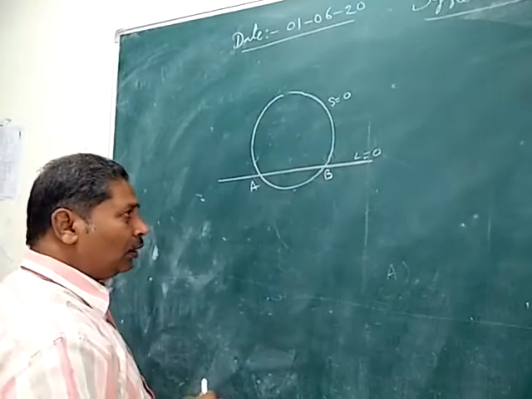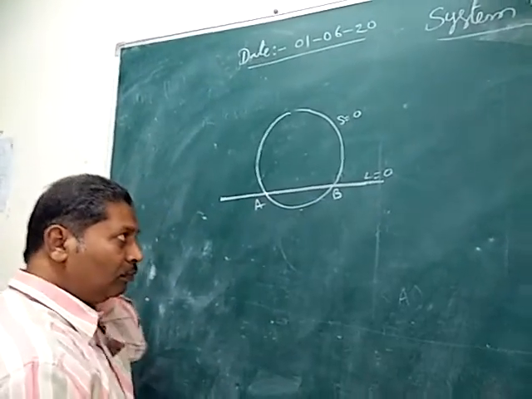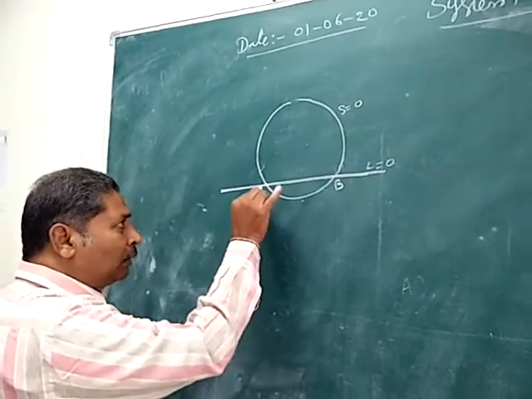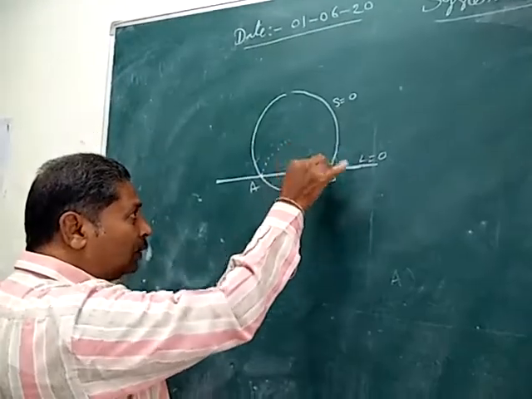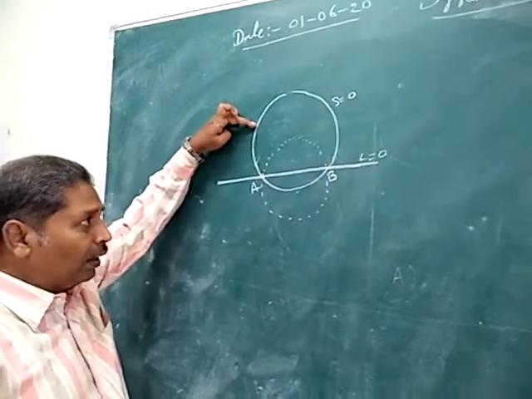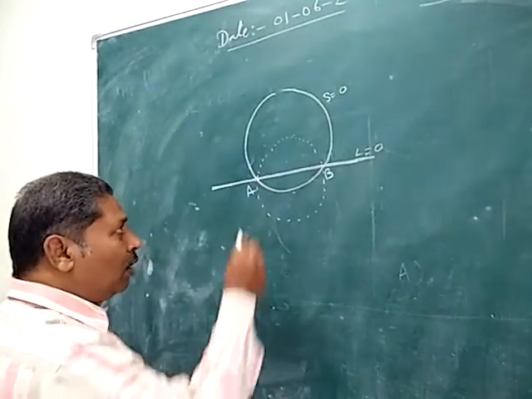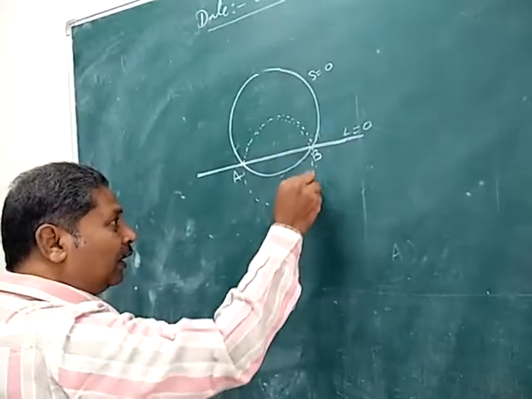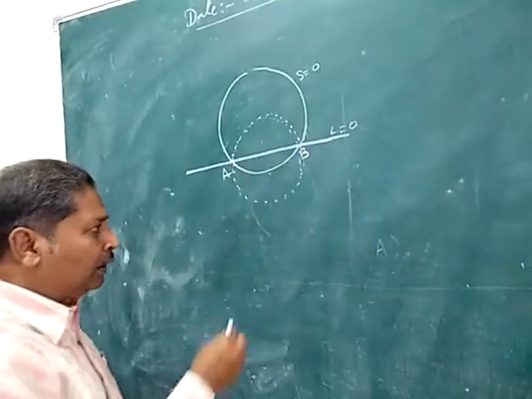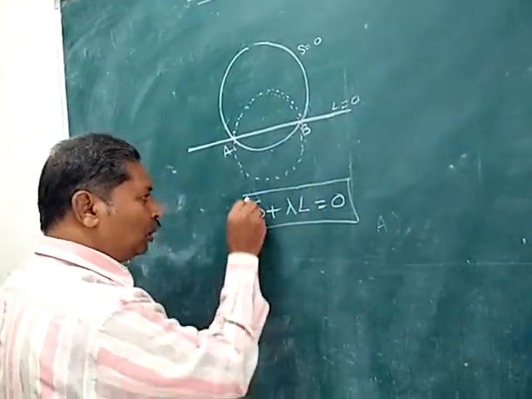S equal to 0 is a circle, L equal to 0 is a line, and they intersect at A and B. Then the equation of any circle passing through A and B is of the form S plus lambda L equal to 0.